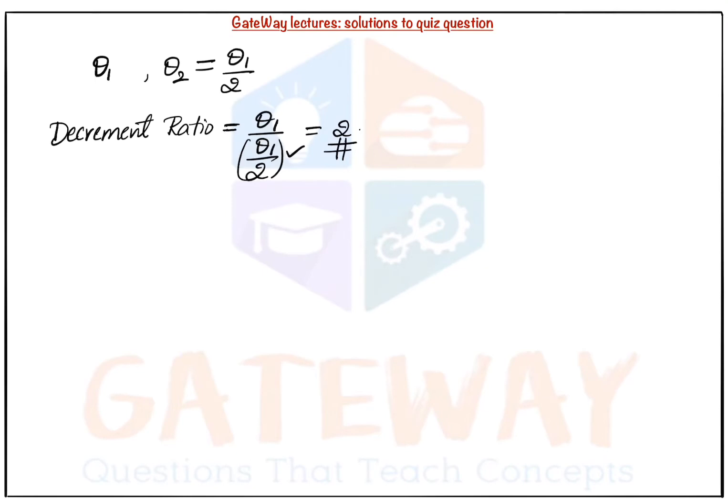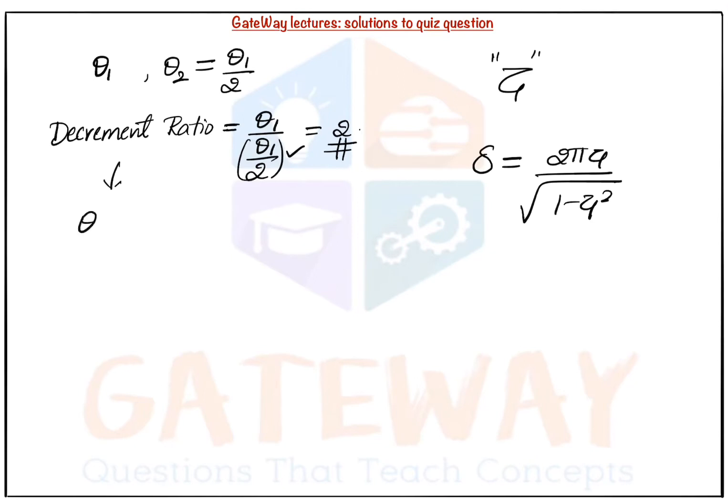We are asked to calculate the damping factor zeta. To do that, we need the logarithmic decrement, which is 2 pi zeta upon root over 1 minus zeta square. So we convert the decrement ratio to the logarithmic decrement.